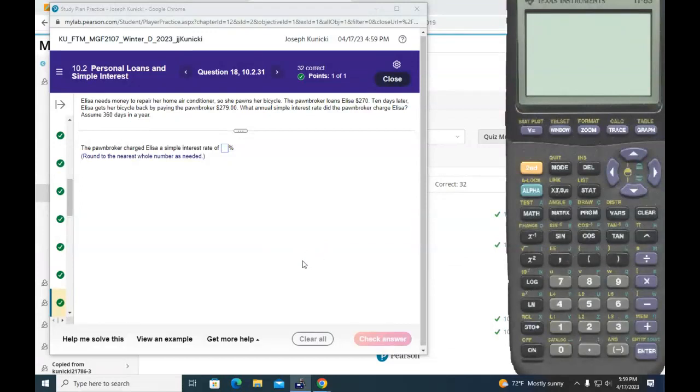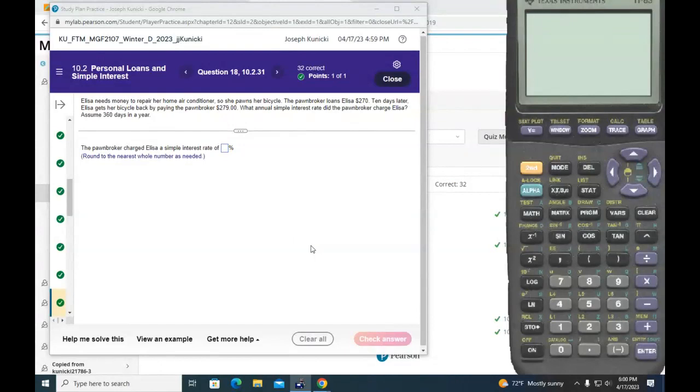The pawnbroker gives Elisa $270 for the bicycle. 10 days later, she gets her bicycle back by paying $279. So for $9 over 10 days, she got to use the $270 to repair the air conditioner. She got her paycheck. Now she pays him back $279.